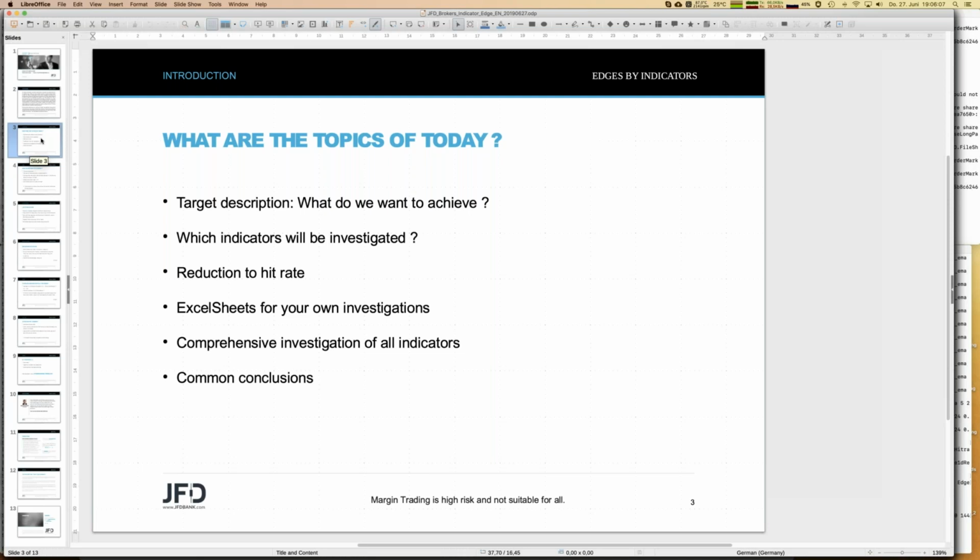You might have an idea, but that has to be defined much more precisely, so that we are really talking about the same issue. Therefore, let me give you a little bit of my target description. And of course, I will introduce the kind of indicators I'm dealing with here today, 5 or 6 different kinds of indicators, all so-called single parameter indicators.